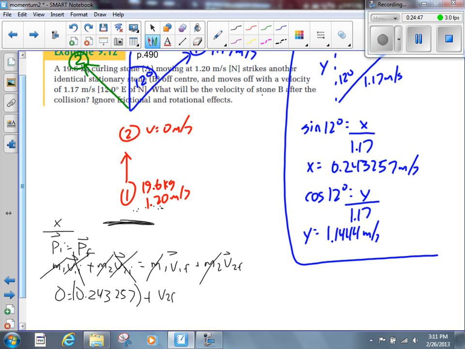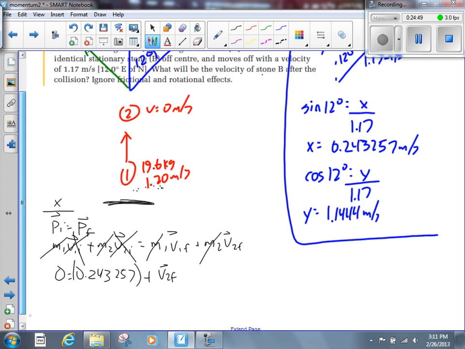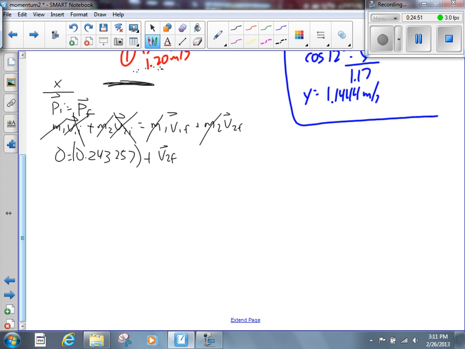We're going to solve for V2F here now. It's an easy one to solve for. V2F ends up being equal to negative 0.243, 0.257 meters per second. Then we do the y component.